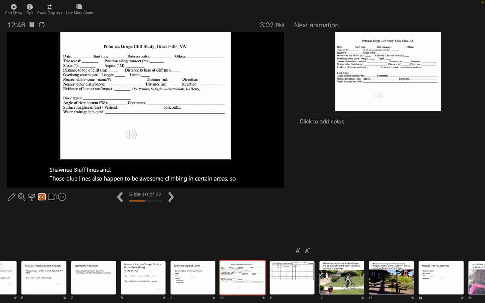So this is a real thing, right? Recreationists with understandable motivations trying to develop climbing routes, leading to the need for forest or park field staff to measure this stuff, to figure out exactly what's going on, exactly where and exactly how, taking those measurements we just went through, and then figuring out what to do from there.